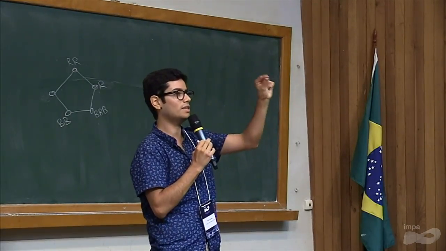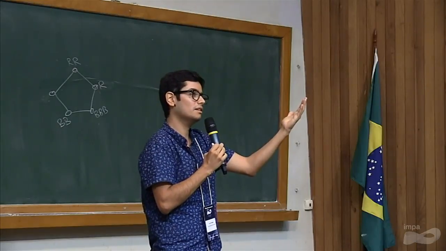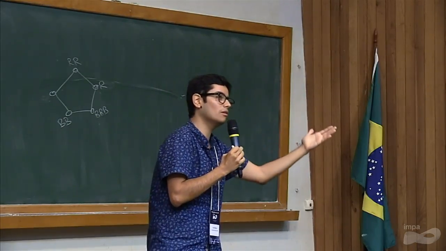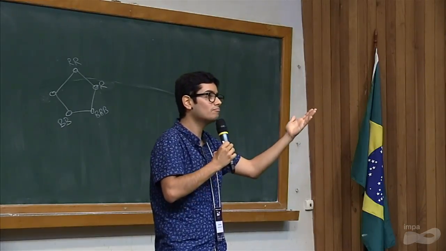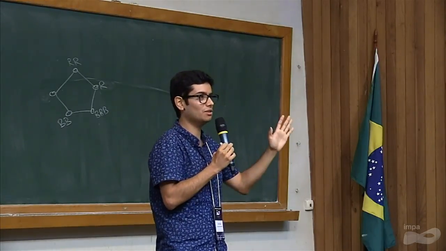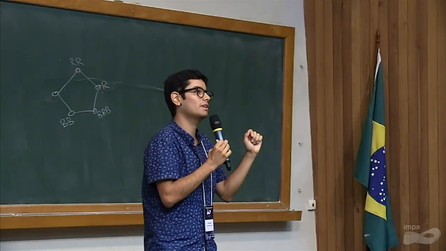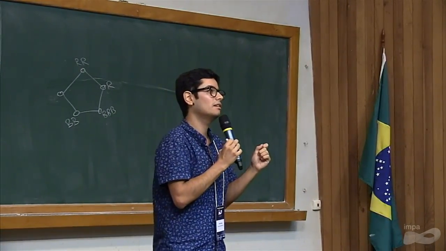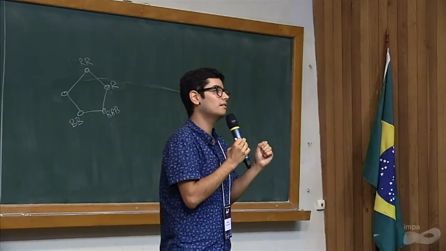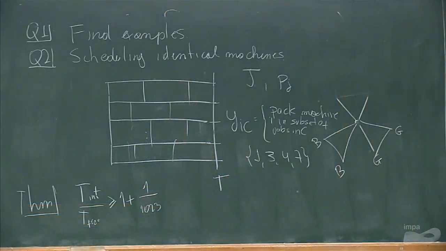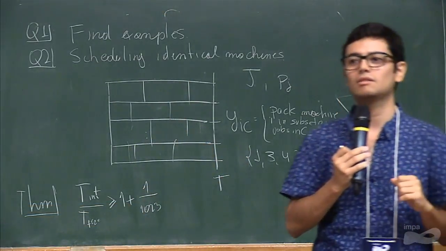All those subsets have to be a partition of the set of jobs, and every machine receives a single subset. It's just a partitioning problem. So maybe it's simpler to imagine it as a partitioning problem with a packing constraint. Okay, maybe we can talk offline.